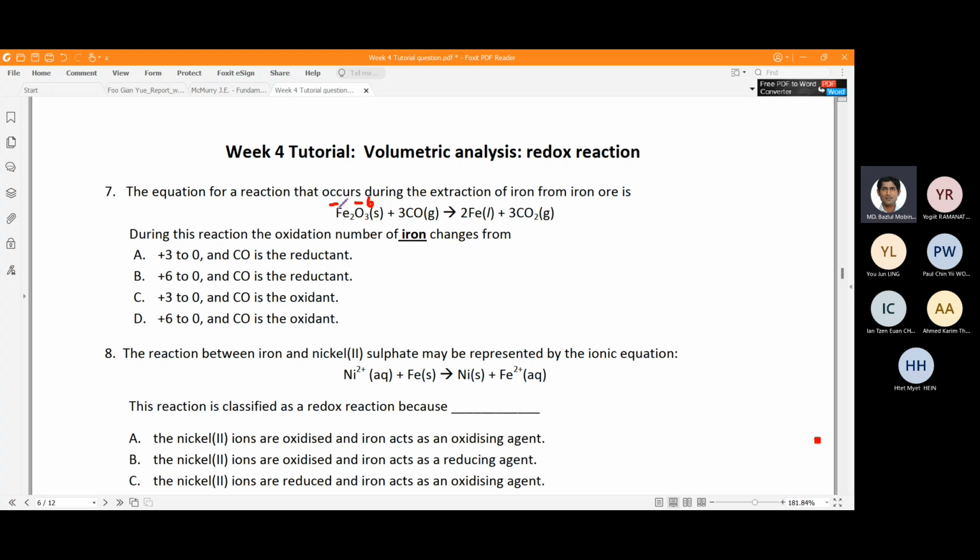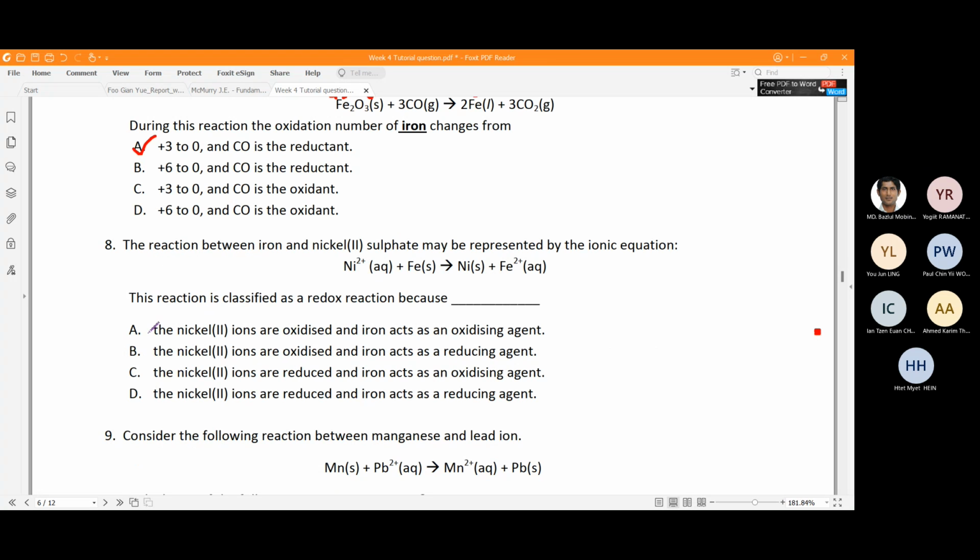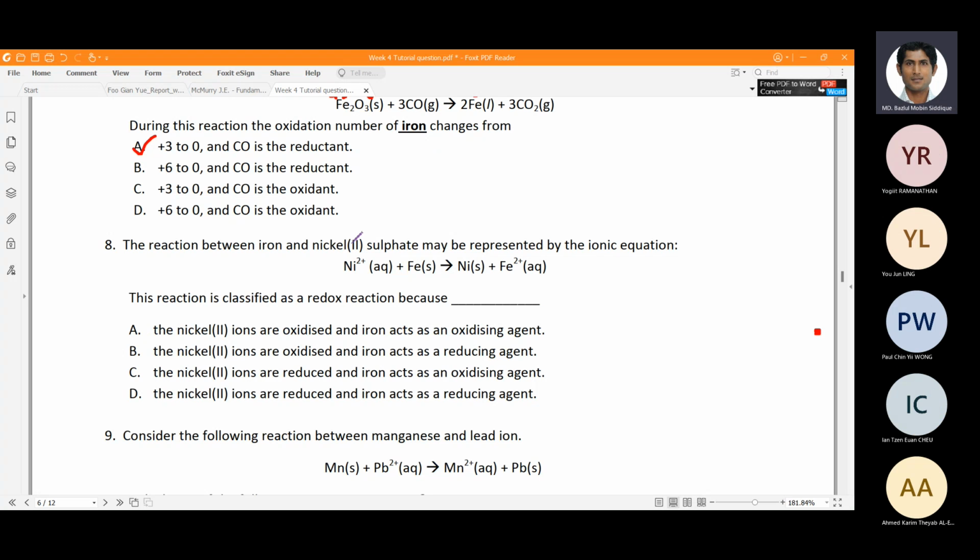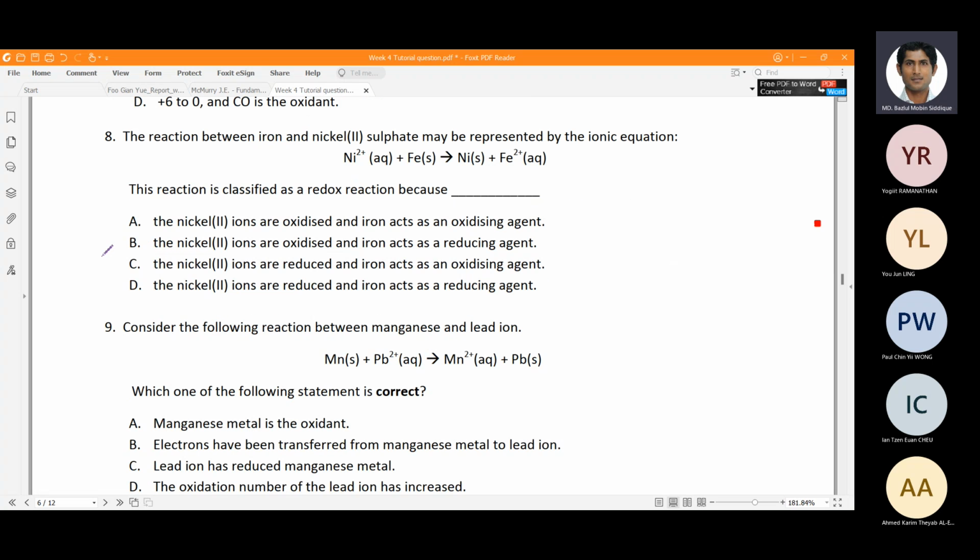So it should be +3, because 3 times 2 should be 6. So +3 to 0. It becomes +3 to 0, and carbon monoxide is the reductant. It's a reducing agent. Reductant and reducing agent are the same thing. Oxidant and oxidizing agent are the same thing.